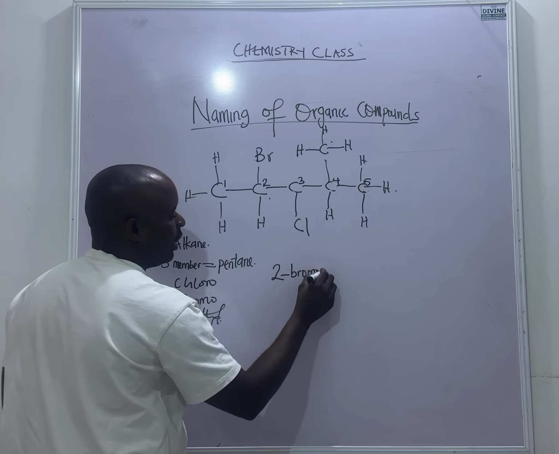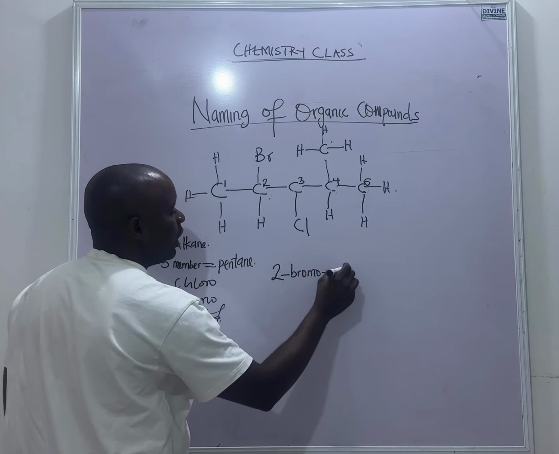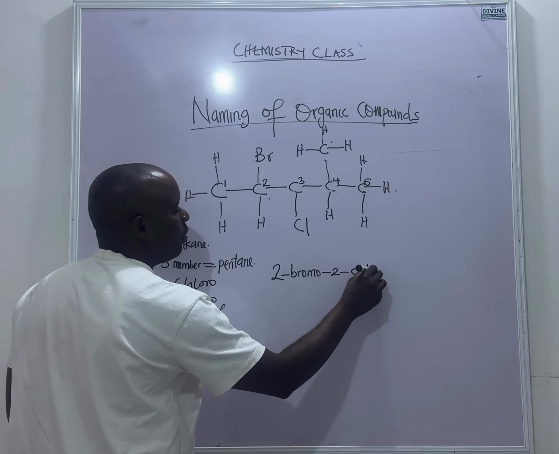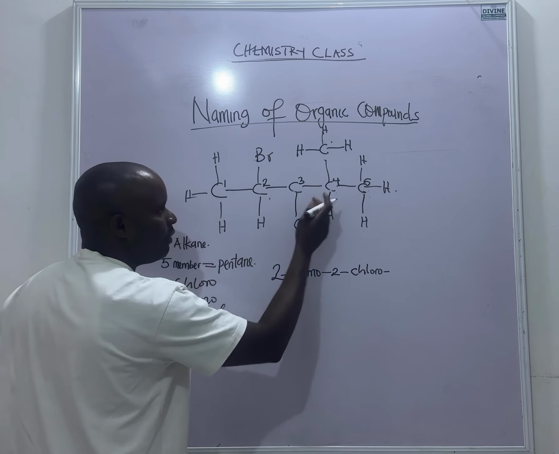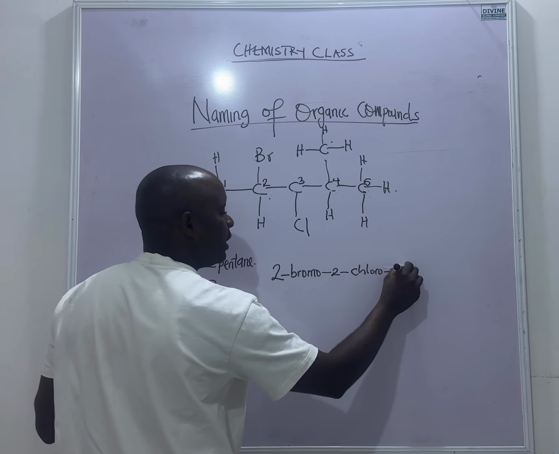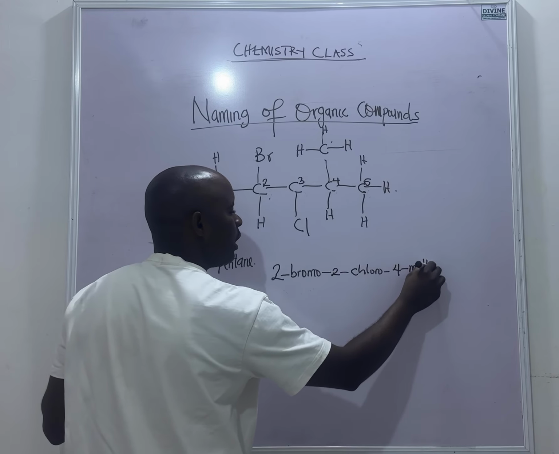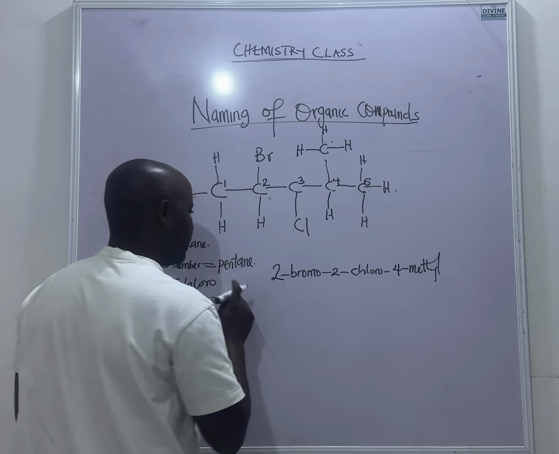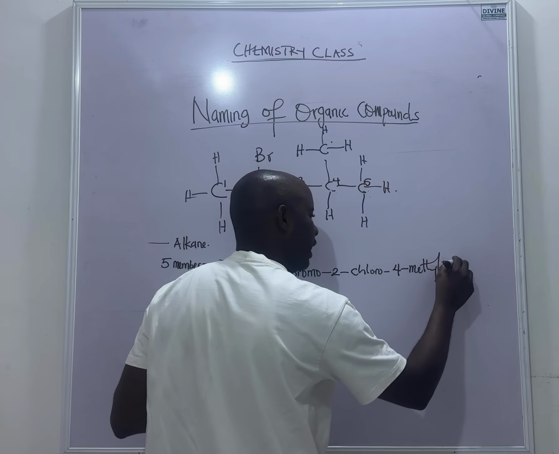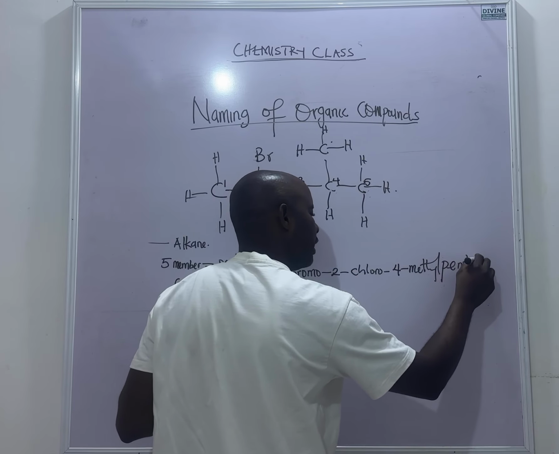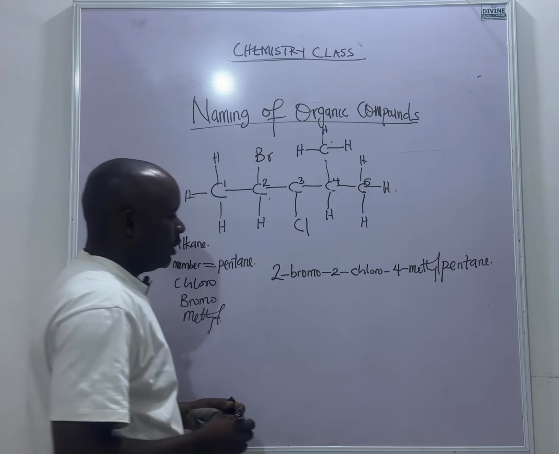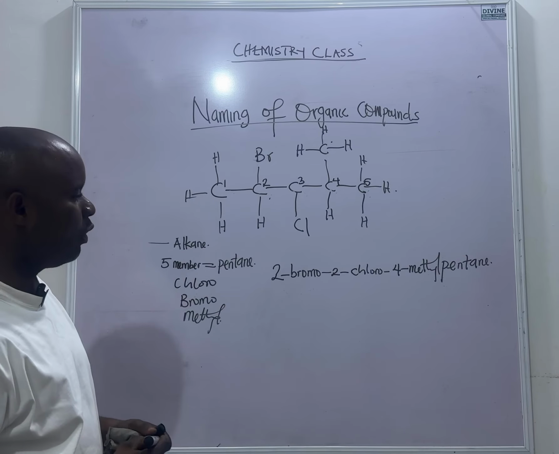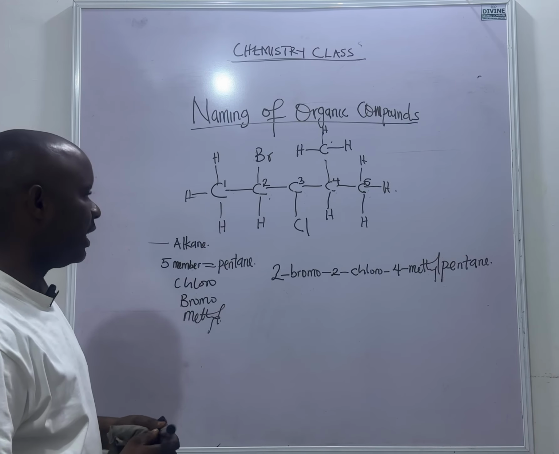At carbon 3, we have chloro. At carbon 4, we have 4-methyl. So what is the parent name? The parent name is pentane. So it is 2-bromo, 3-chloro, 4-methyl pentane.